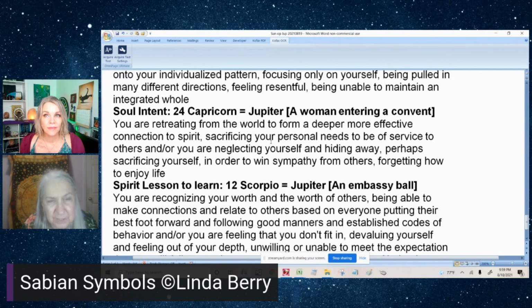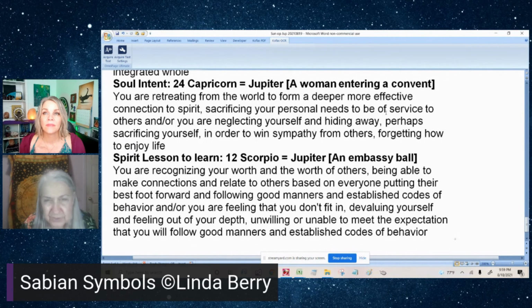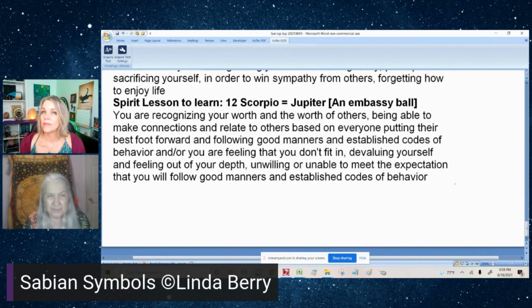In other words, going deep in your spirit. And again, there's a focus here on being of service to others. And then we have the spirit pattern, an embassy ball, a dance where you honor your worth and the worth of others, and you can share and make connections to each other in a positive way.